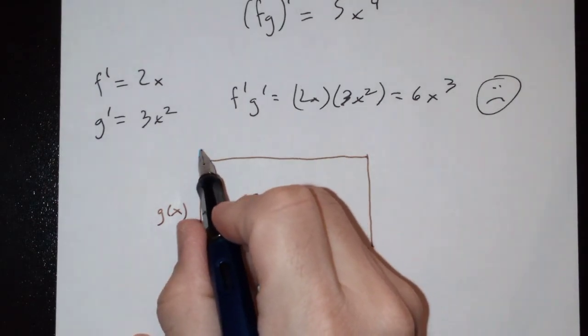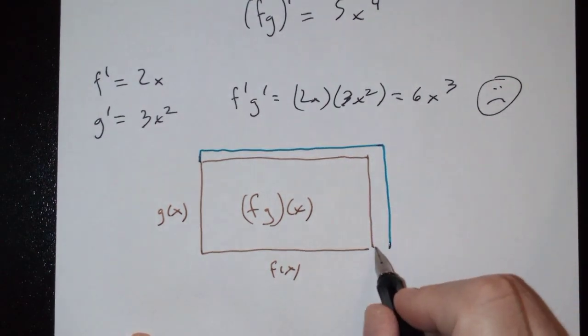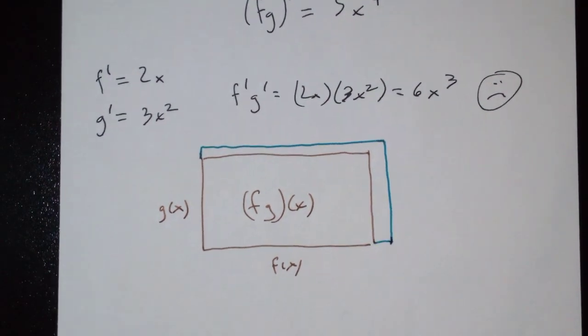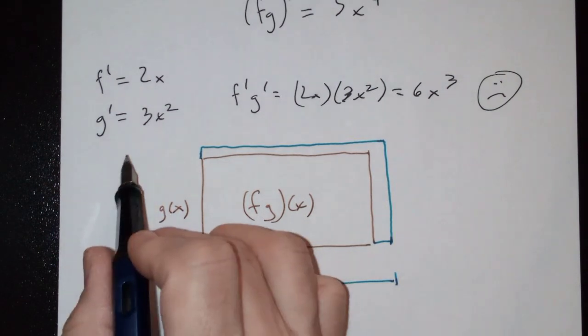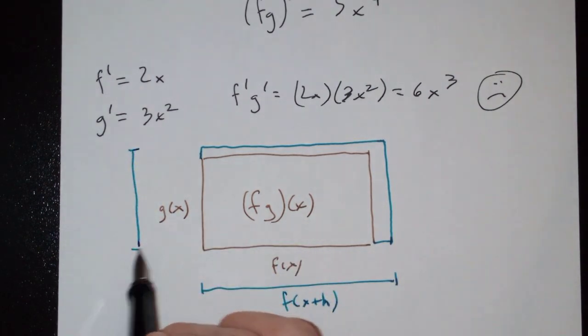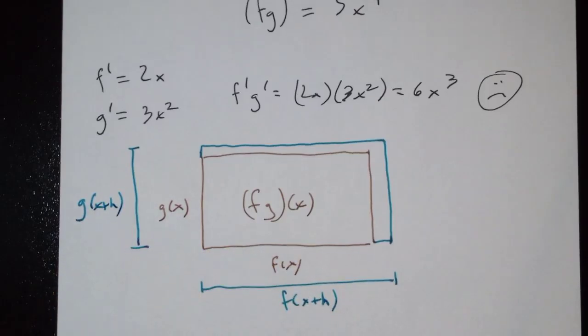So I can imagine a little change where this new length is f of x plus h, and this new width is g of x plus h.